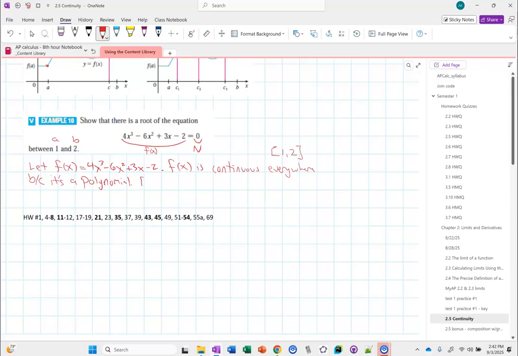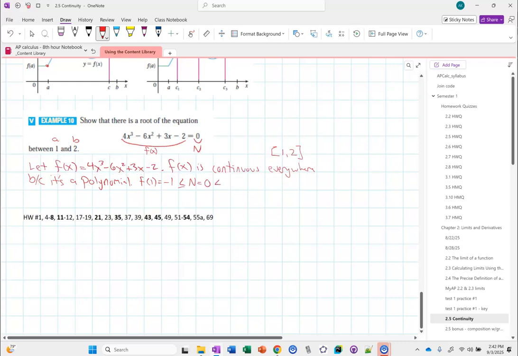So I then observe that f of 1 is going to be 4 minus 6 plus 3 minus 2, that's equal to negative 1, which is less than or equal to n equals 0, which is less than or equal to f of 2, which is 32 minus 24 plus 6 minus 2, which I think is 12.